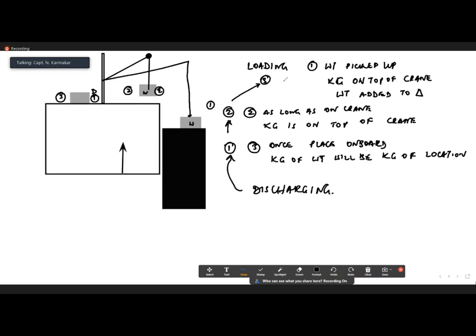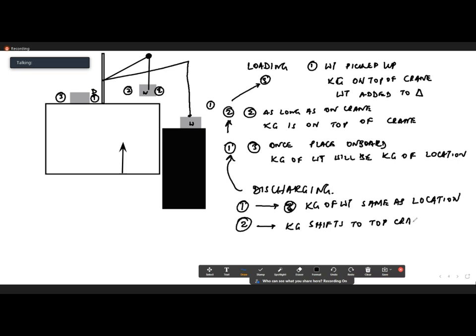Yes, please. Actually, what I should do is, my first point here is the same as number 3. It should be that kg of weight same as location. In case of number 2, kg shift to top of crane, as soon as lifted up.